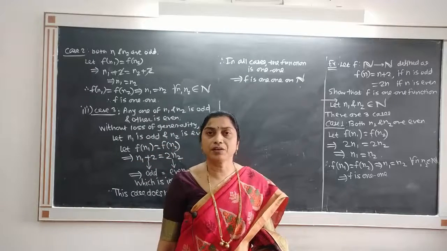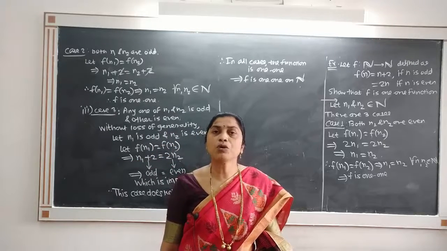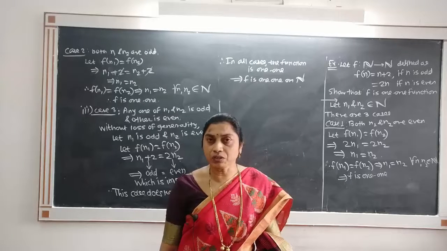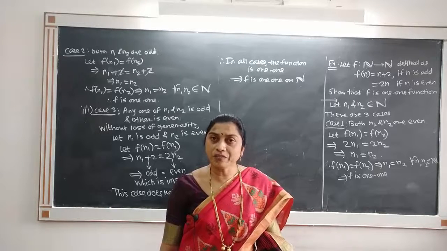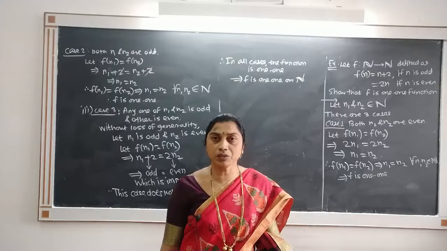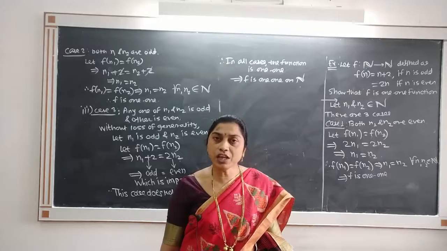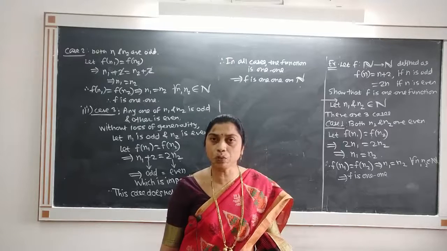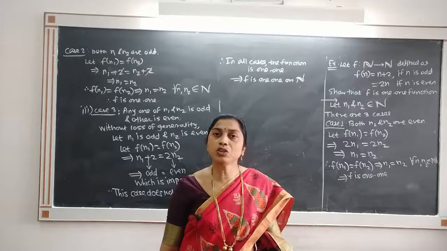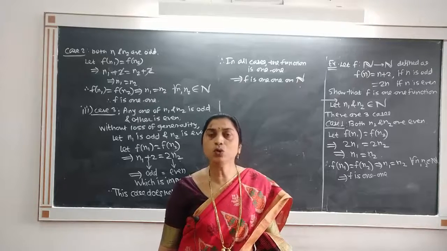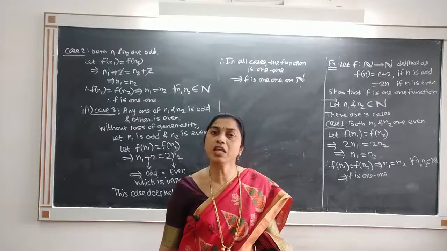So observe that today we have seen what is meant by a 1-1 function. Either use the definition or use the proposition to show that it is 1-1. According to the definition, start with any two elements in the domain, say x1 and x2 in the domain D. x1 not equal to x2 should imply f(x1) not equal to f(x2), then f is 1-1.